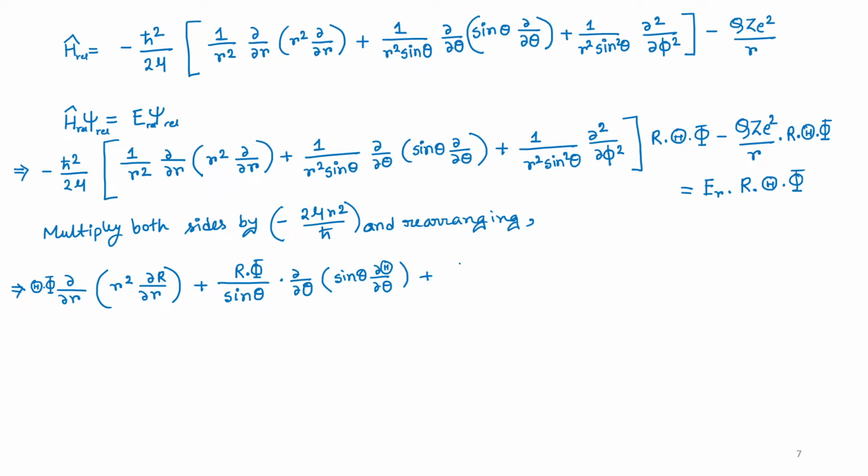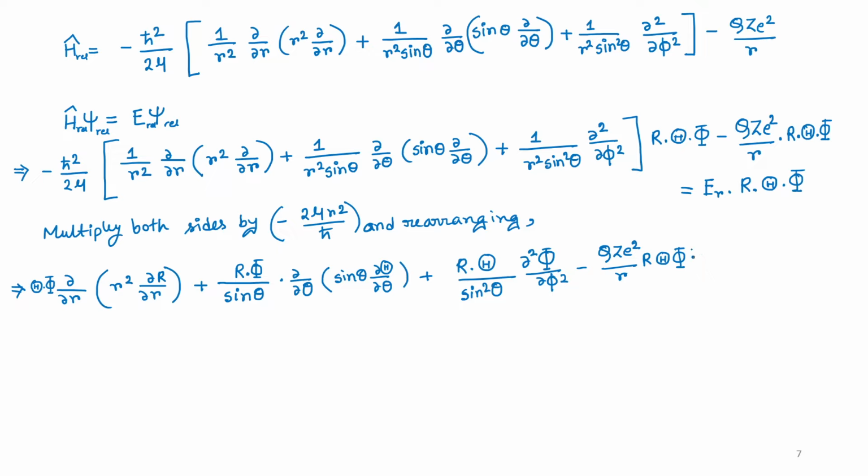Same, plus here your r and theta will act as constants, del square del capital Phi square, minus q z square by r times R Theta Phi.